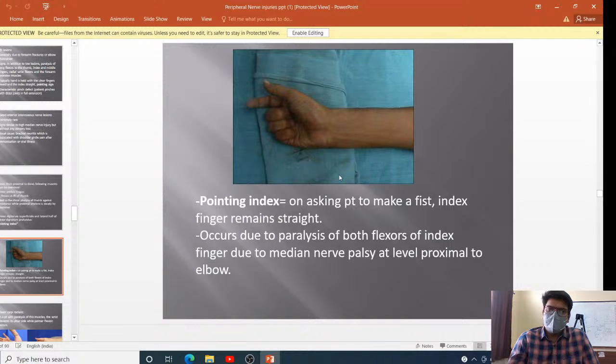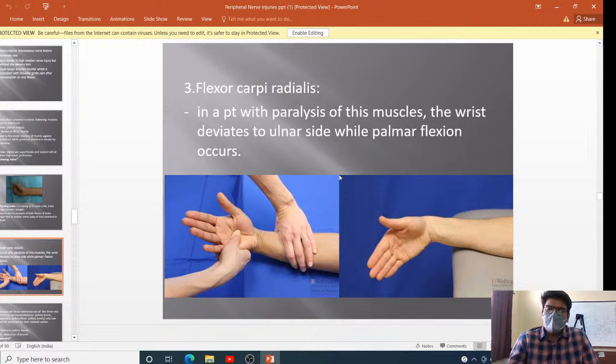Pointing index. You can see here, pointing index. Flexor carpi radialis: when we attempt wrist flexion against resistance, it will go into ulnar deviation. Why? Because the wrist is flexed with the help of flexor carpi radialis and flexor carpi ulnaris. Flexor carpi radialis is supplied by the median nerve.